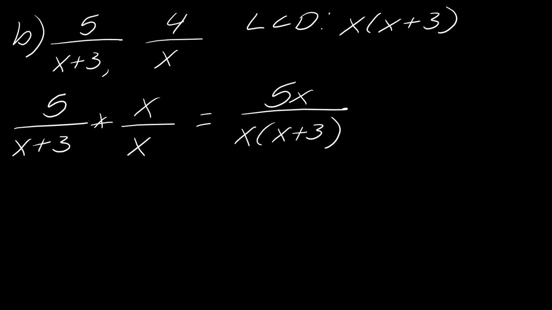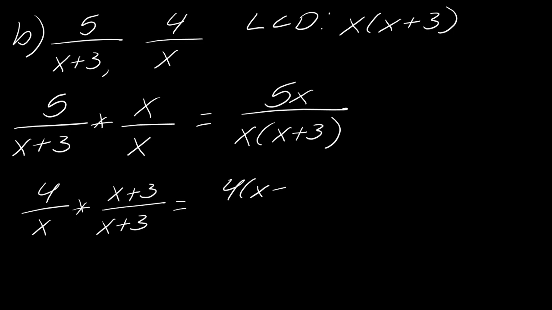Now I'll give you a little trick here. In general, when we're working with these things, we don't have to multiply out the denominator. It's usually just the numerator. So if I do that for the next fraction, I've got 4 over x, so now I need to multiply this by x plus 3 on top and on bottom.